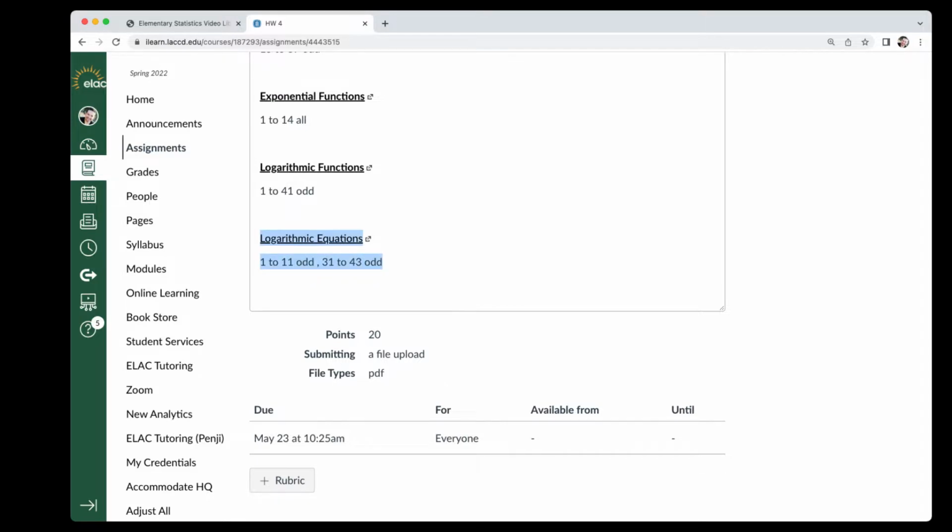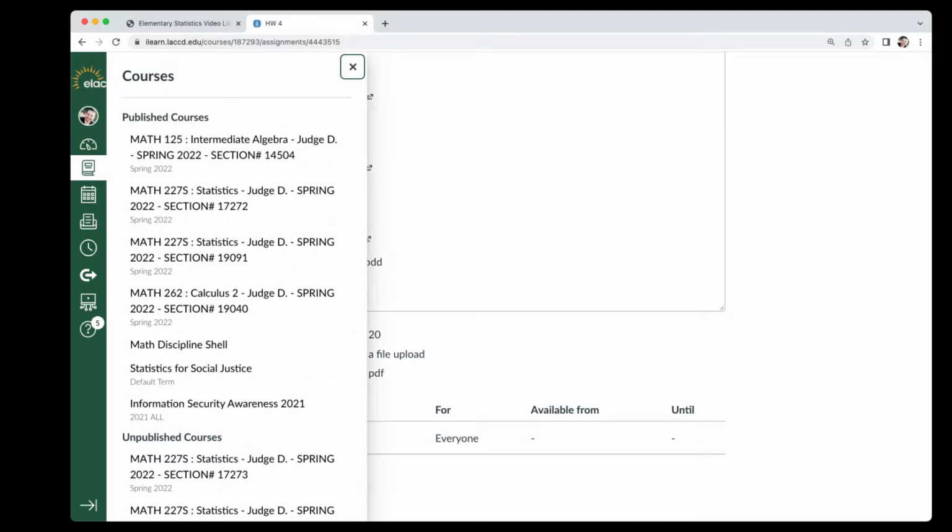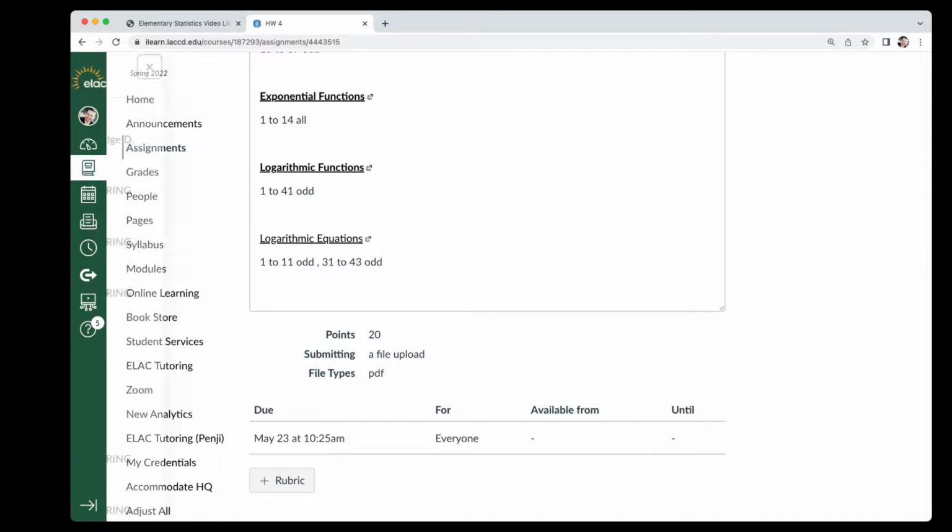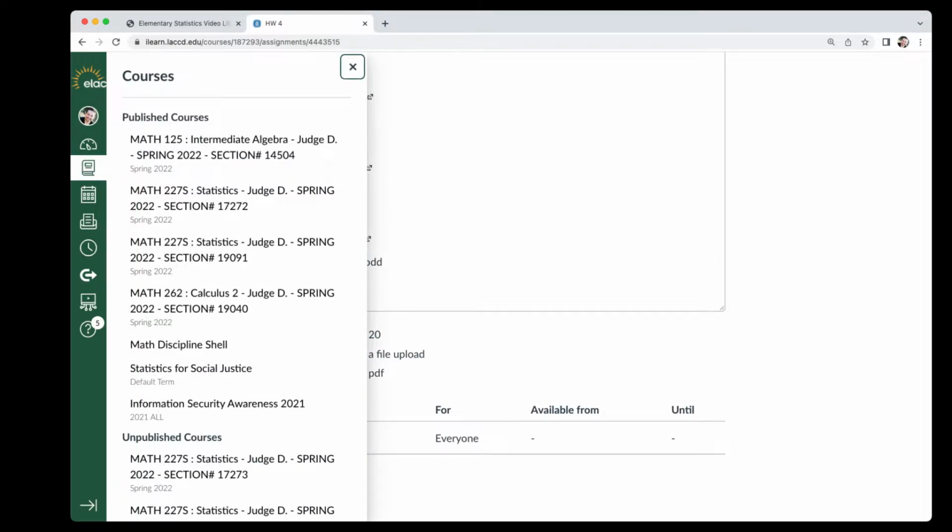But then some people said there was an issue with this here. So you say 1, 2, 4, odd, 31, and 34. Is that what you were talking about? Oh, hold on. Are you talking about homework 4? Okay. All right.